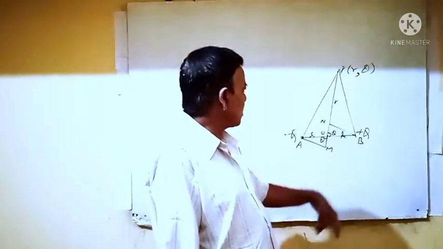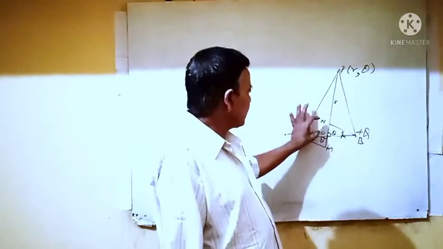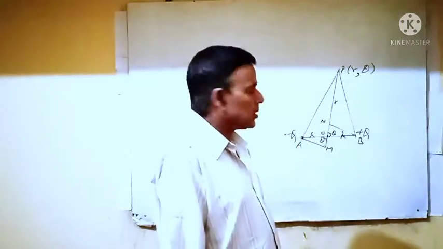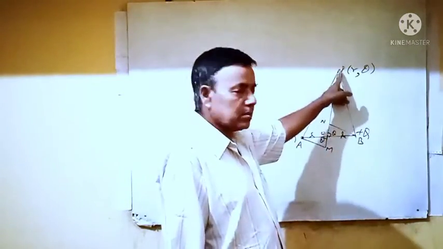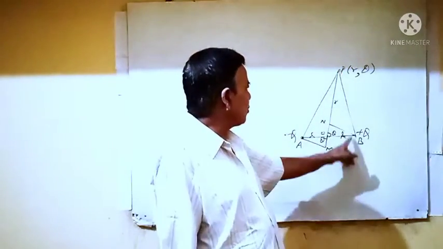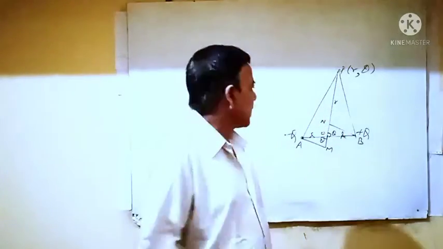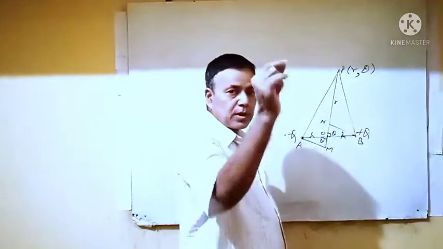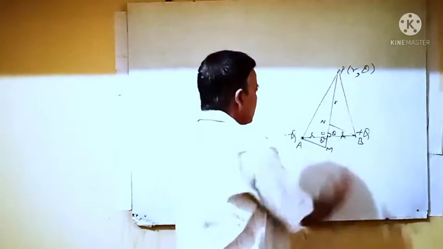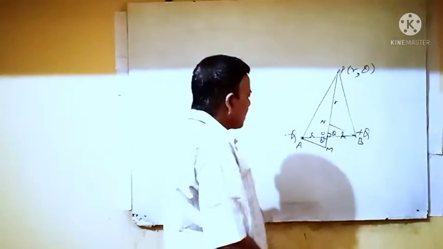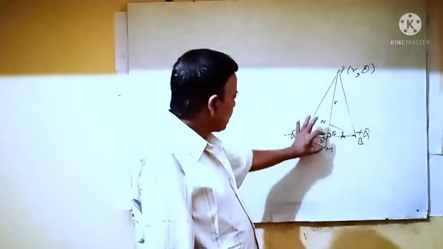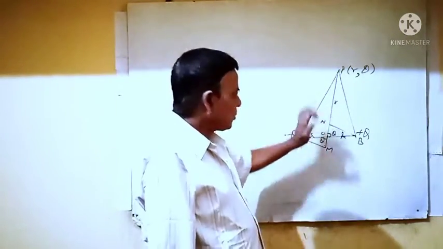We draw a normal on the line OP, and this is ON, and it is subtracted from small r, since OP is r. So we will get NP, which will be approximately equal to BP. Now PO is produced and a normal is drawn, so OM will be equal to ON.